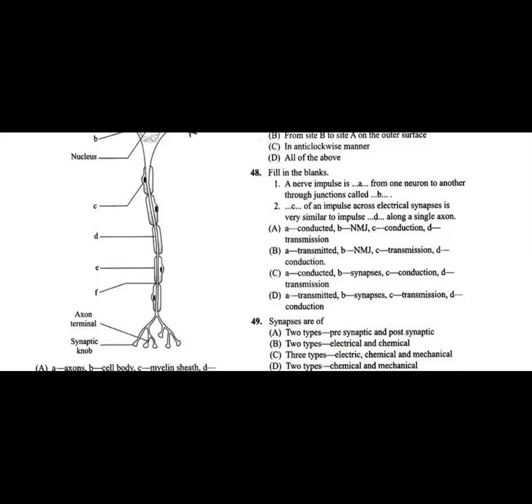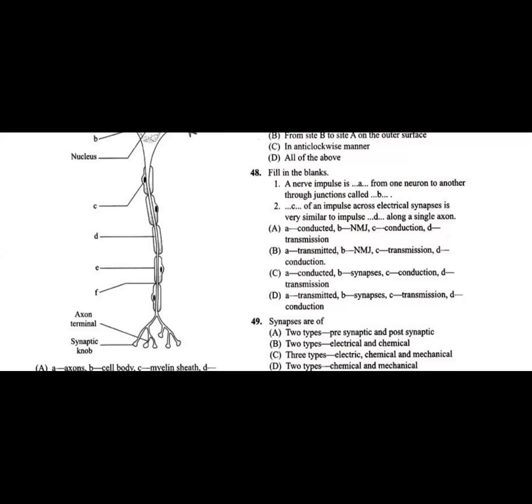The gap between the two neurons in an electrical synapse is very negligible, whereas in a chemical synapse a sufficient gap is present. That gap is larger in a chemical synapse, whereas in an electrical synapse there is no gap between the neurons. So conduction of a nerve impulse in an electrical synapse is similar to conduction on a single axon of a nerve, which is a very fast way.